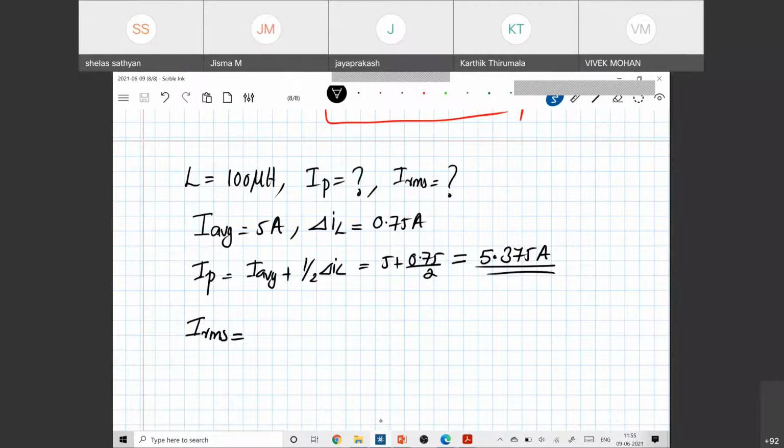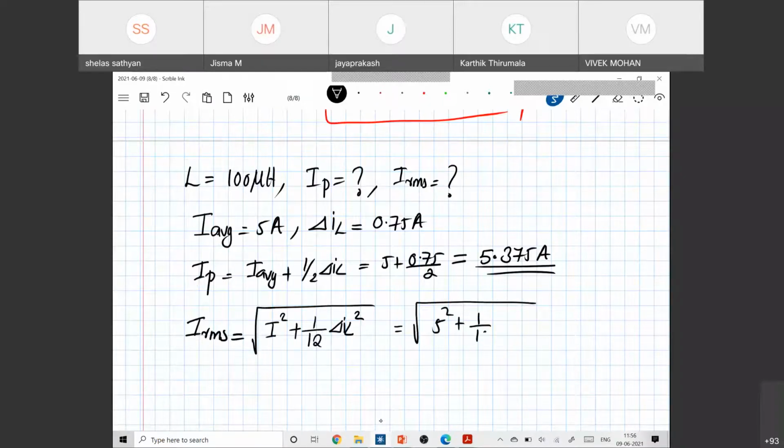For such a waveform, you can find out the RMS value: square of the average plus 1 by 12 times delta IL square. That means square root of 5 square plus 1 by 12 times 0.75 square. It's around 5.01 something.